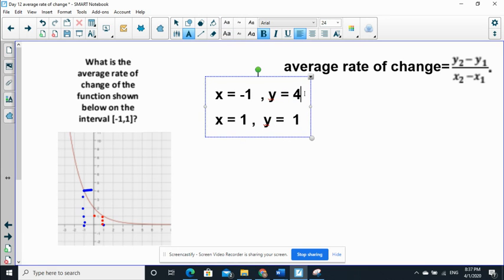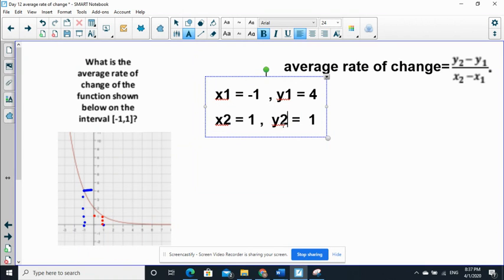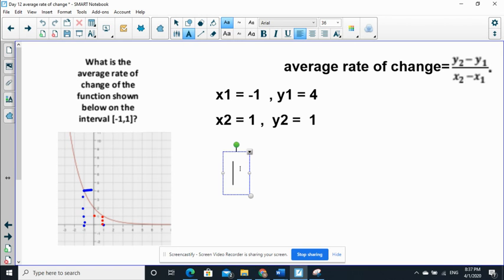Now we have 2 points. We have x1, y1. We have x2, y2. 2 values for x, 2 values for y. Find the average rate of change. We will use this formula, y2 minus y1, which is the change in y, over x2 minus x1, the change in x.